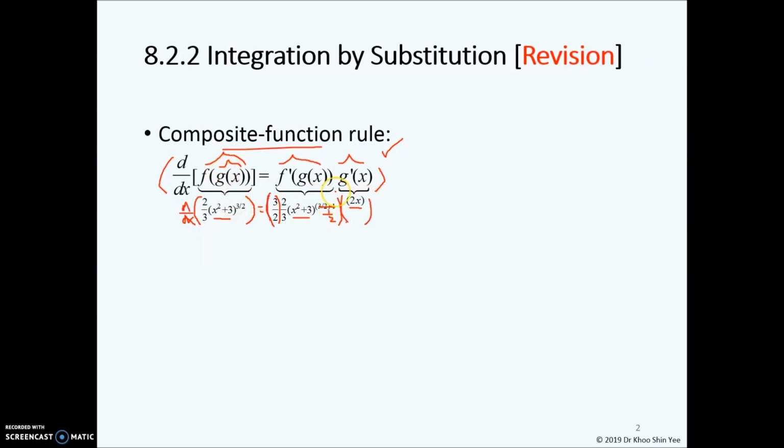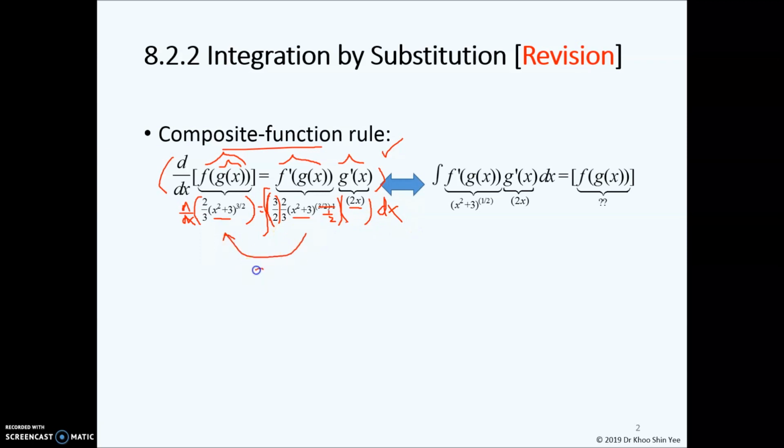So it is quite straightforward if you differentiate, where we can use the composite function rule to solve this problem. However, it's not so straightforward if we want to find the integration. Let's say I give you this term, and I want you to integrate the right hand side to give me this answer.